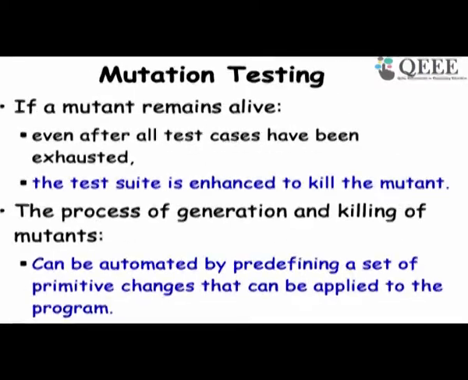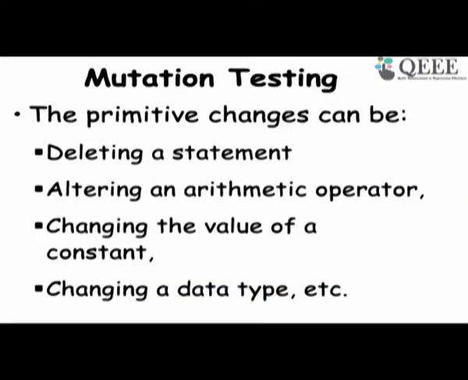As long as a test case detects the change, we say that the mutant is killed. Otherwise we say that the mutant could not be detected, the mutant is live, and we need to create additional test cases such that the mutant gets killed. That's the idea behind mutation testing.